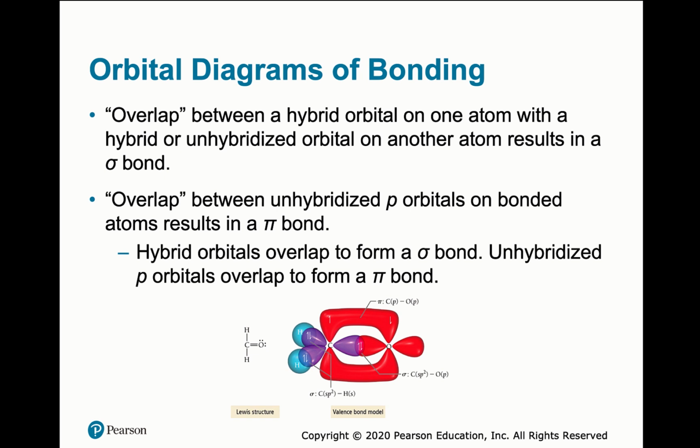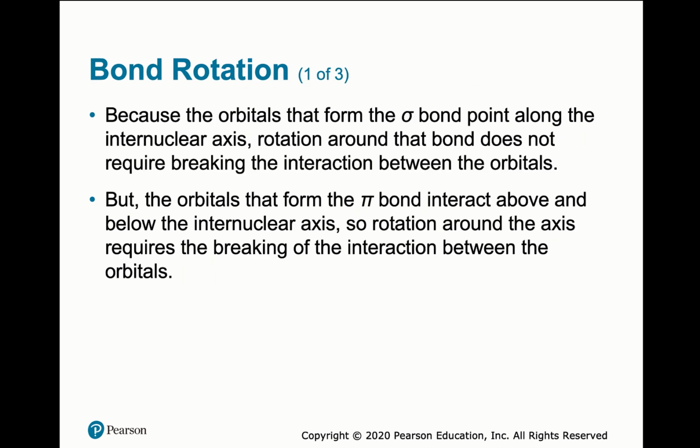So a single bond is a sigma bond, a double bond is a sigma bond and a pi bond, and a triple bond is actually a sigma bond and 2 pi bonds. Because remember the p orbitals, there's the third one that would be coming in and out of the plane of the paper in this regard.